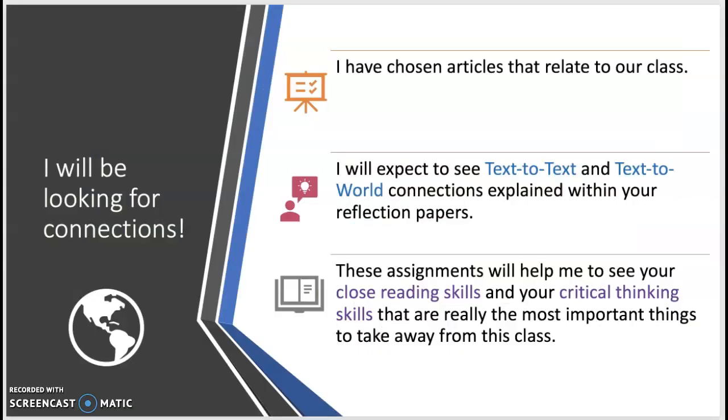All right, so here's the other thing that I want to warn you about, is that I will be looking for text-to-text connections and text-to-world connections, because I have chosen articles that relate to our class. So all of those things that we read before this online environment happened, they're all fair game.